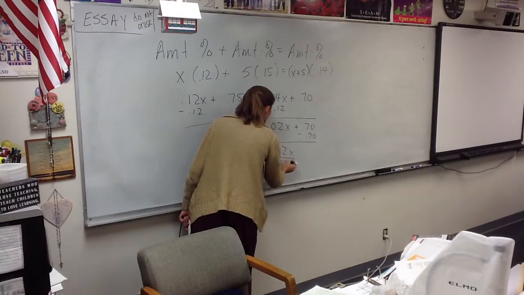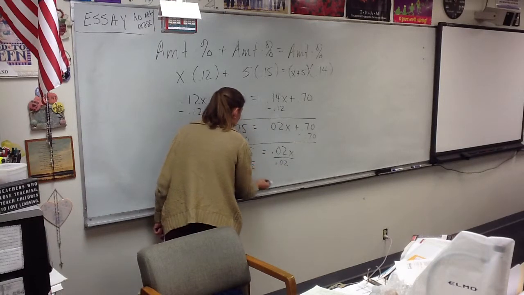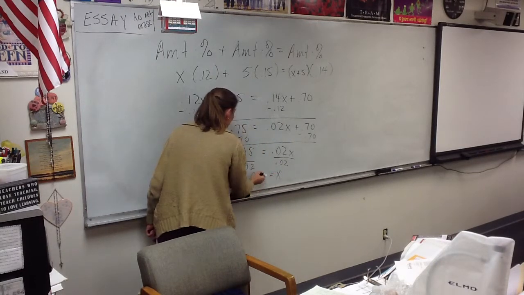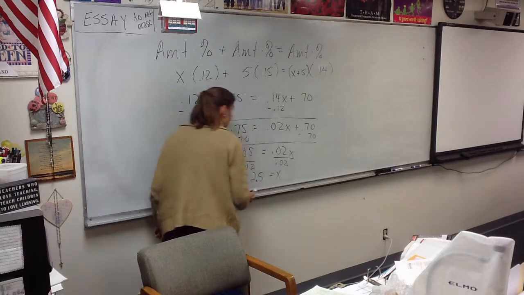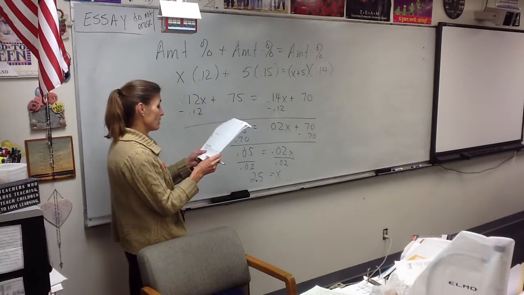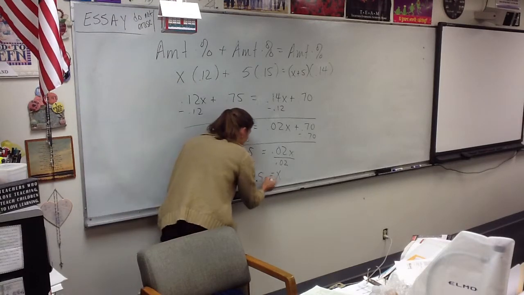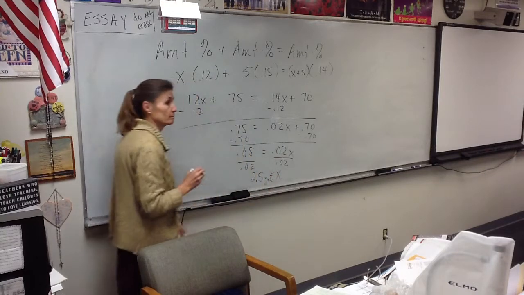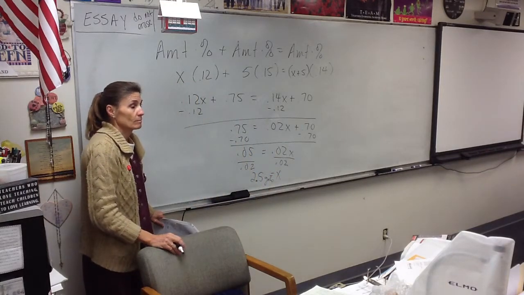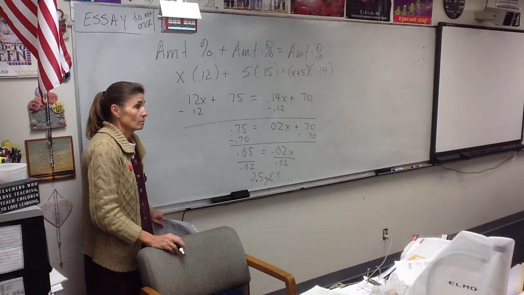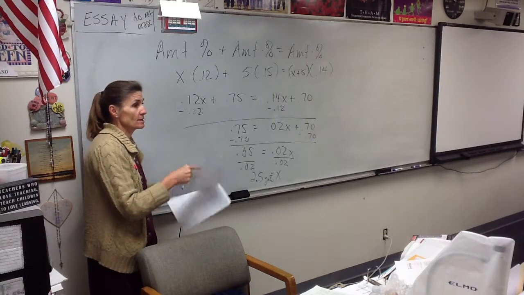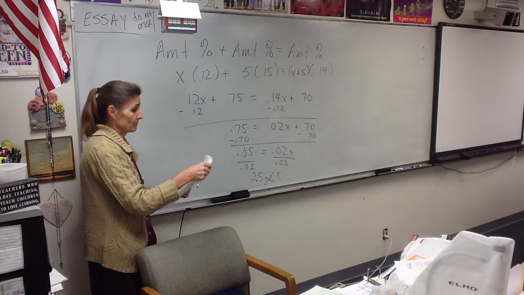Then I'll divide by 0.02, and x equals 2.5, and the unit on that would be gallons. Hopefully that's ringing some bells, because we did some of that earlier.